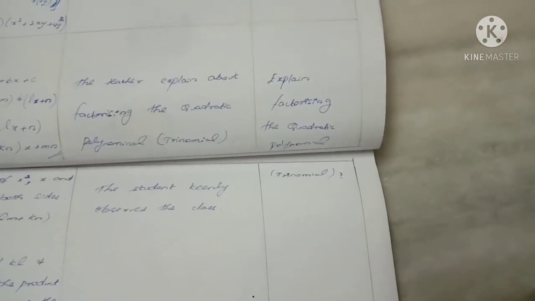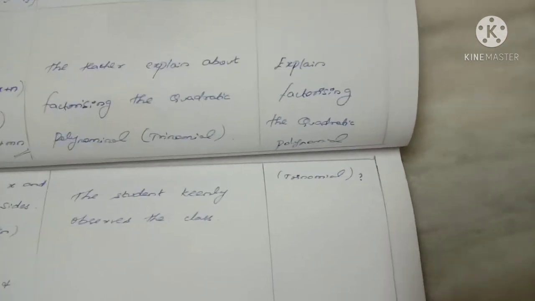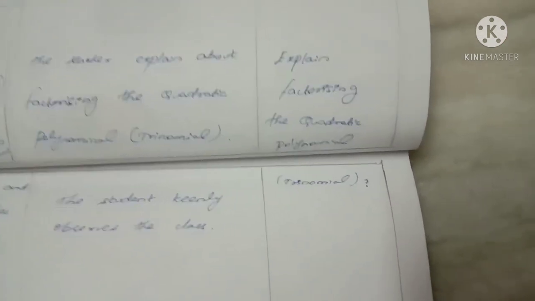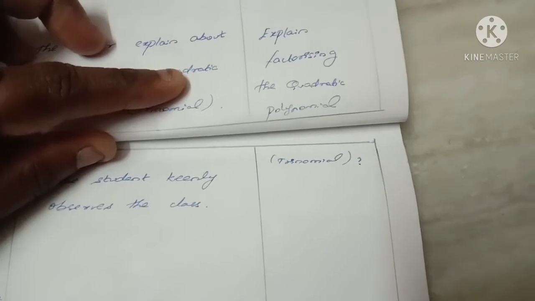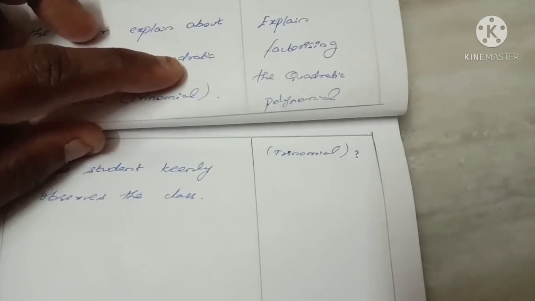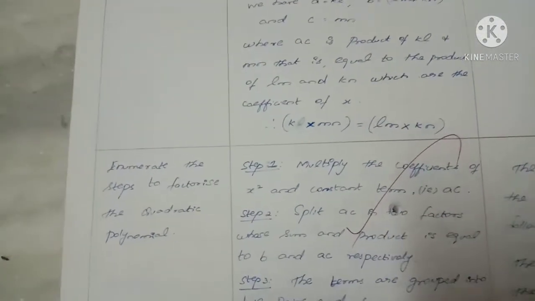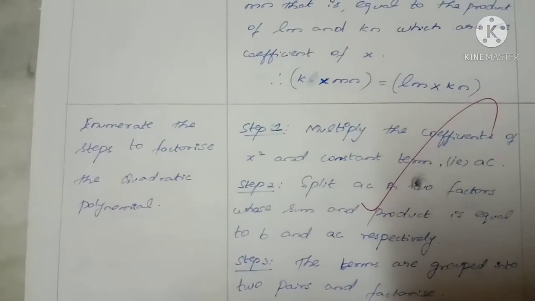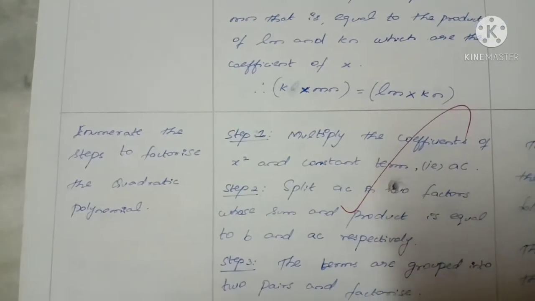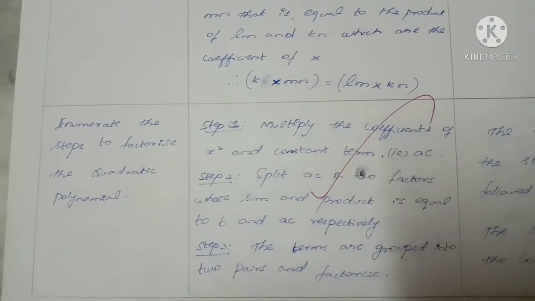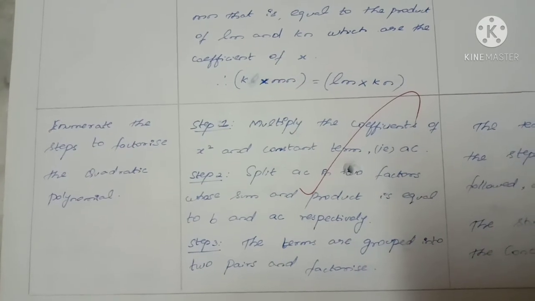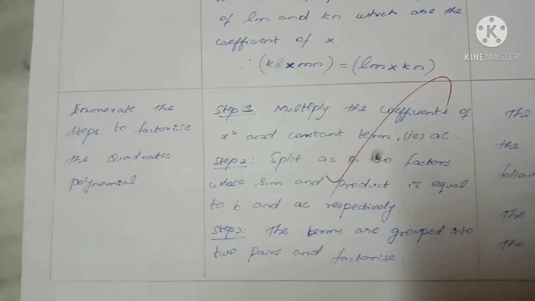In the last box, explain factorizing the quadratic polynomial. In the next row, enumerate the steps to factorize the quadratic polynomial.